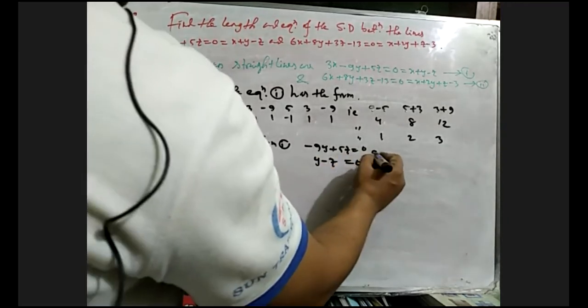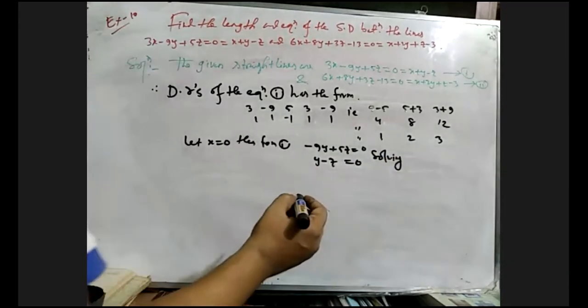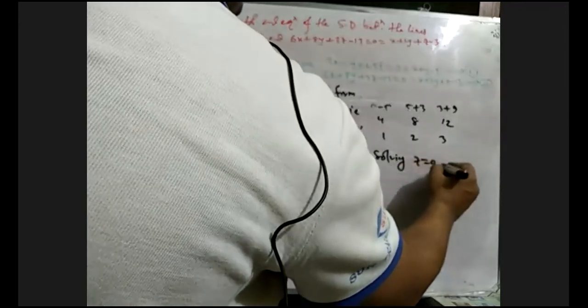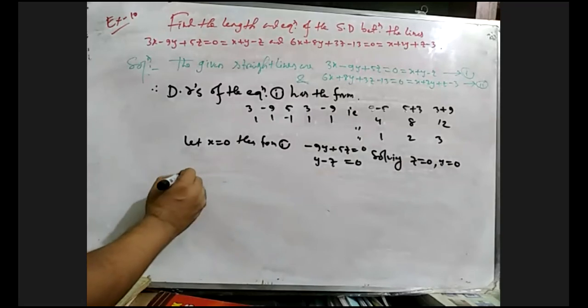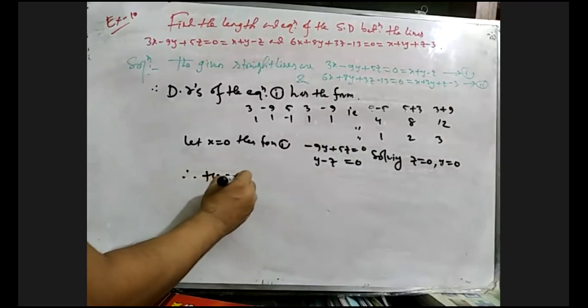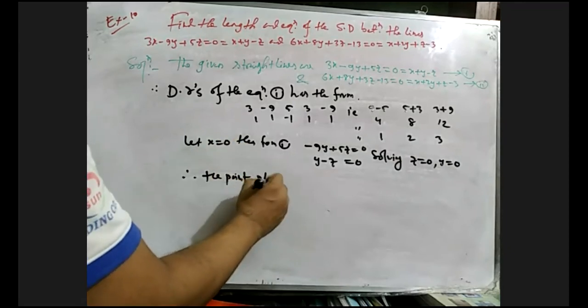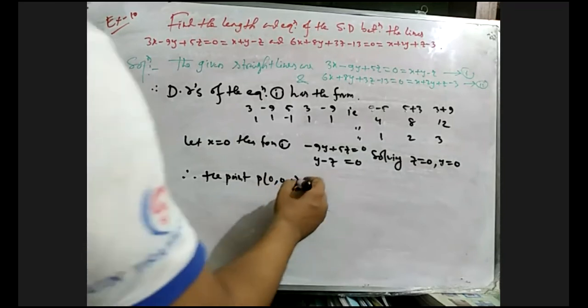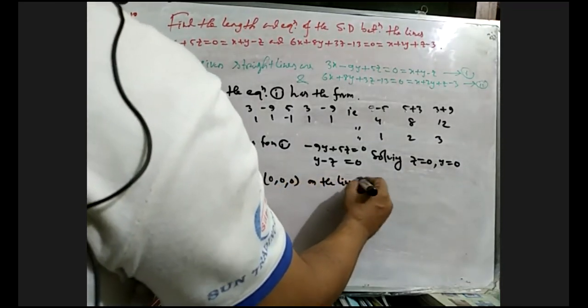After solving this, we get z equals 0 and y equals 0. Therefore, the point P (0, 0, 0) is on line 1.